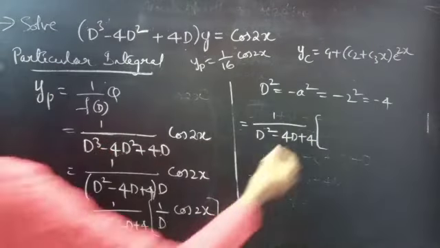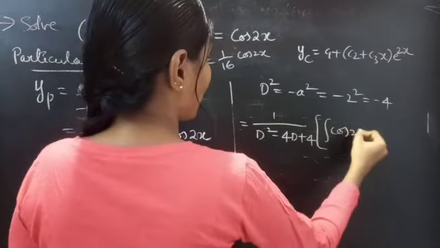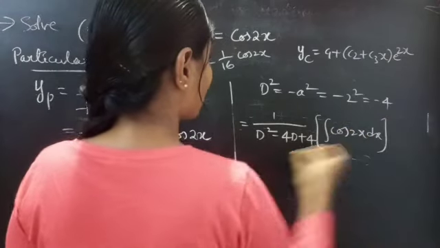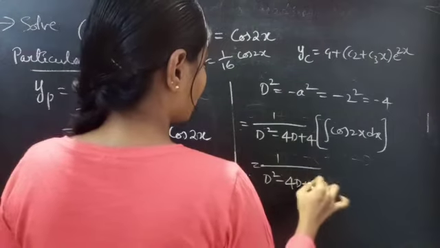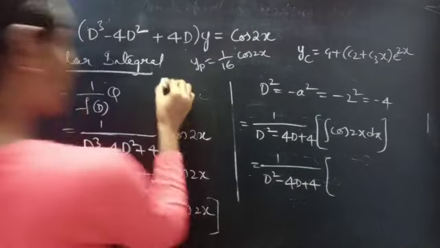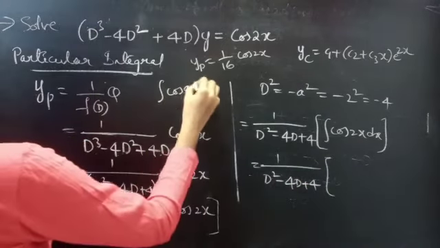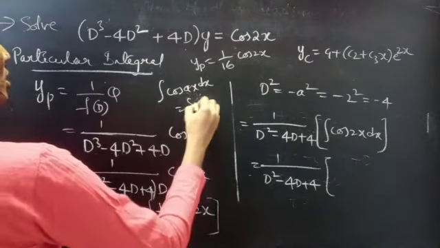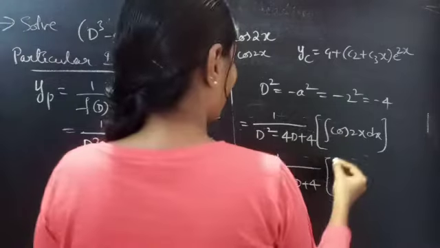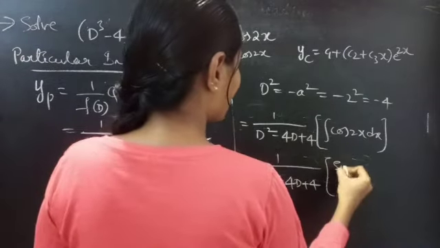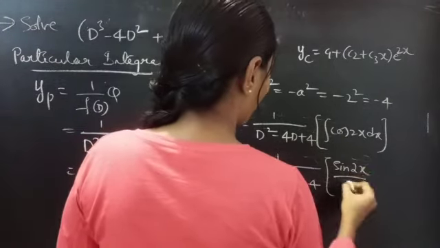Integral cos 2x dx, which gives 1 by D square minus 4D plus 4 into, we know that integral cos ax dx equals sin ax by a. Then for a equals 2, we get sin 2x by 2.